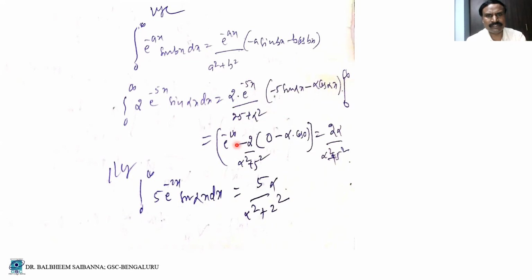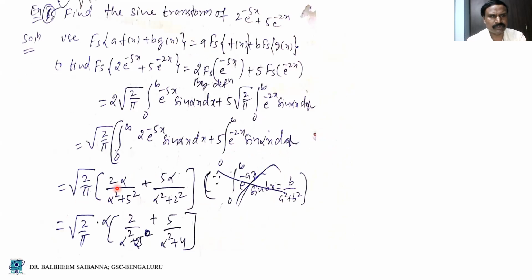For the lower limit 0, sine 0 value is 0, alpha as it is, cos 0 value is 1. So the upper limit gives 0, and minus into minus gives plus 2 alpha divided by alpha square plus 5 square. This value is 2 alpha divided by alpha square plus 5 square.